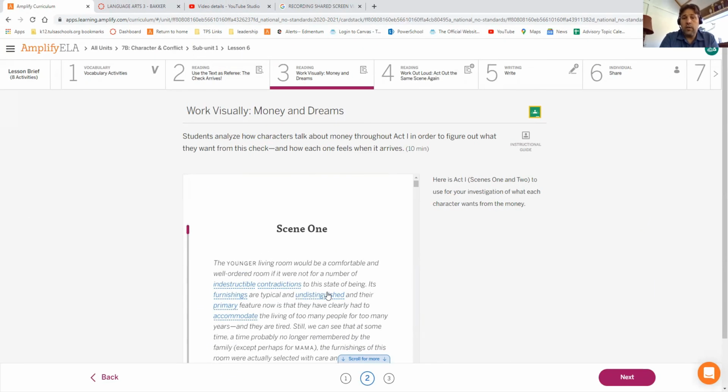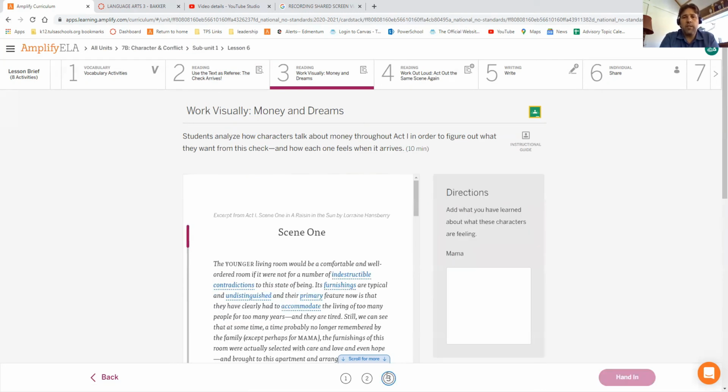Okay, so here on the second card on this, what you've got is the whole scene 1. Okay, the thing we've already read through. You've already gone through this before, and you have ideas of why everybody wants what they want. What you need to do is go through this scene and make sure that you've got yourself some evidence. Because again, in your writing, people care what you can prove.